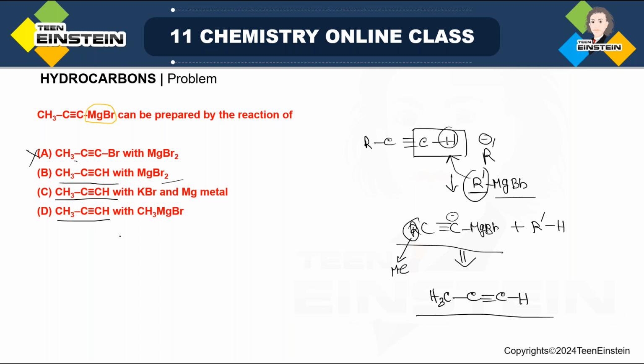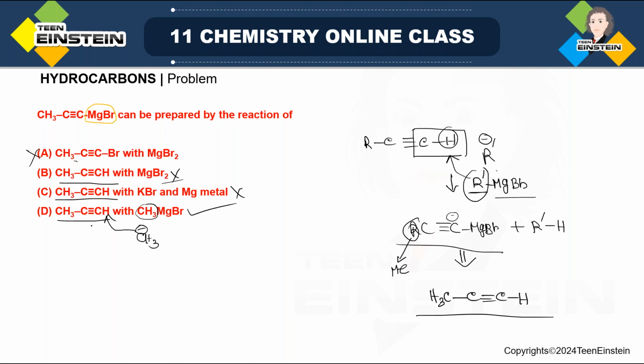But what is the other reagent? That also you have to consider, right? So it is not MgBr2, it has to be something like R prime MgBr. It is not KBr or Mg metal, but this is CH3MgBr, where the CH3 part is acting as if it is CH3 minus, though I will not say that there is free CH3 minus ion generation, but it will act like this type of species.